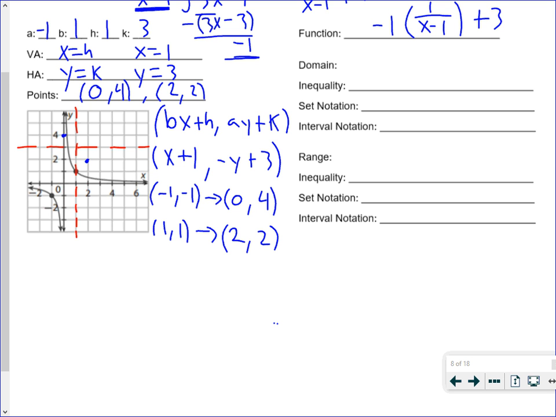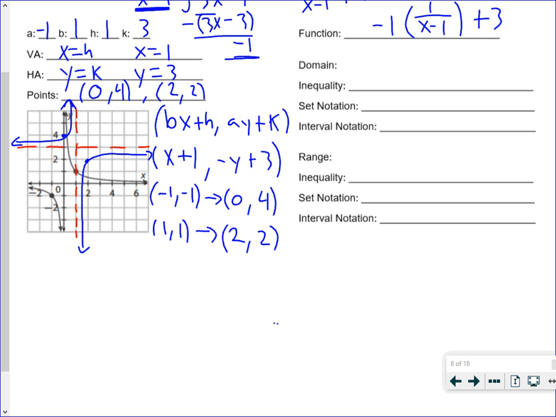All we really need to do now is draw our curve that goes through those points and kind of looks like that. It runs along the asymptotes, so something like that. So that's what our graph looks like.